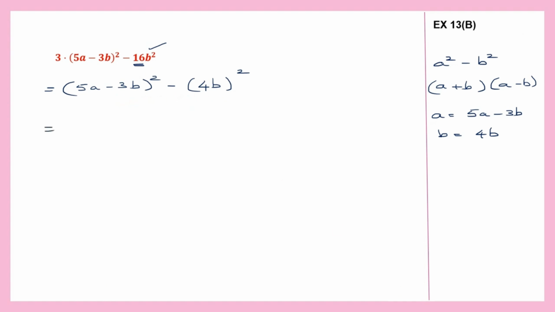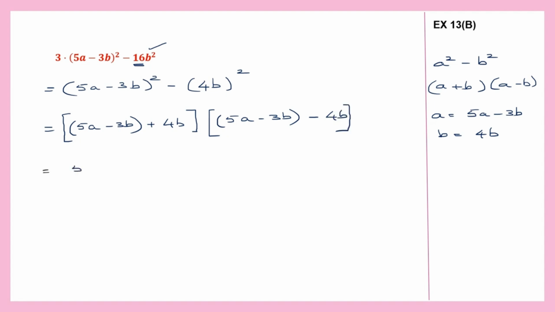So let's do that. A is 5a minus 3b. A plus B, and B is 4b. Then A minus B, so that will be again, A is 5a minus 3b, minus B, which is 4b. Now let's open the bracket. So this is 5a minus 3b plus 4b.